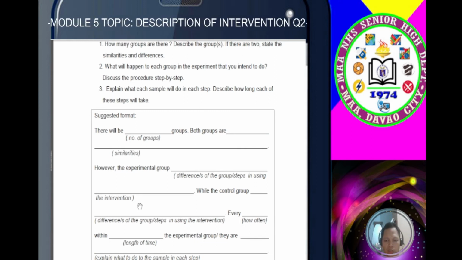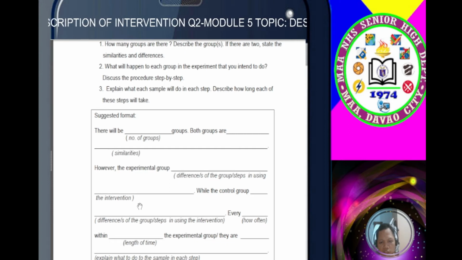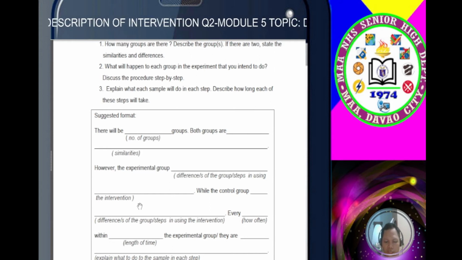While the control group, you state their differences or the groups using the intervention. Then every blank, how often is your intervention given within, then blank, the length of time or the time frame. It could be 2 weeks, 3 weeks, etc.